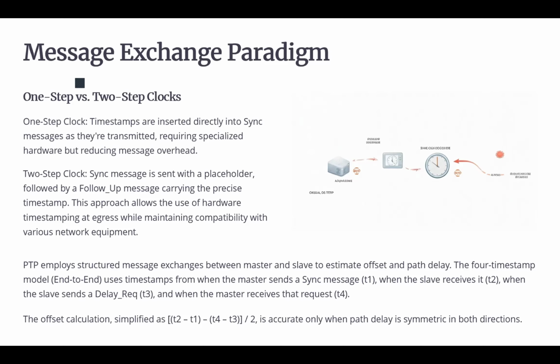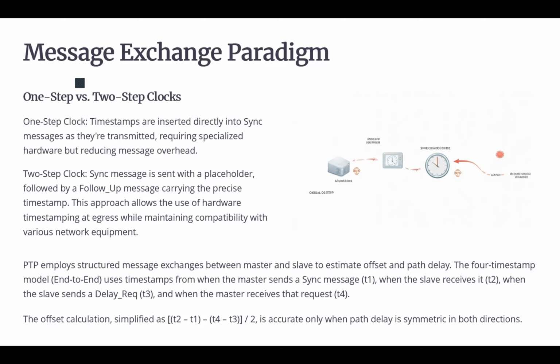A one-step clock puts the exact timestamp directly into the synchronization message at the moment it sends the message from the sender, using a special hardware configuration. It requires advanced hardware, but it reduces the message overhead because it doesn't need a second message. It does that through one message.